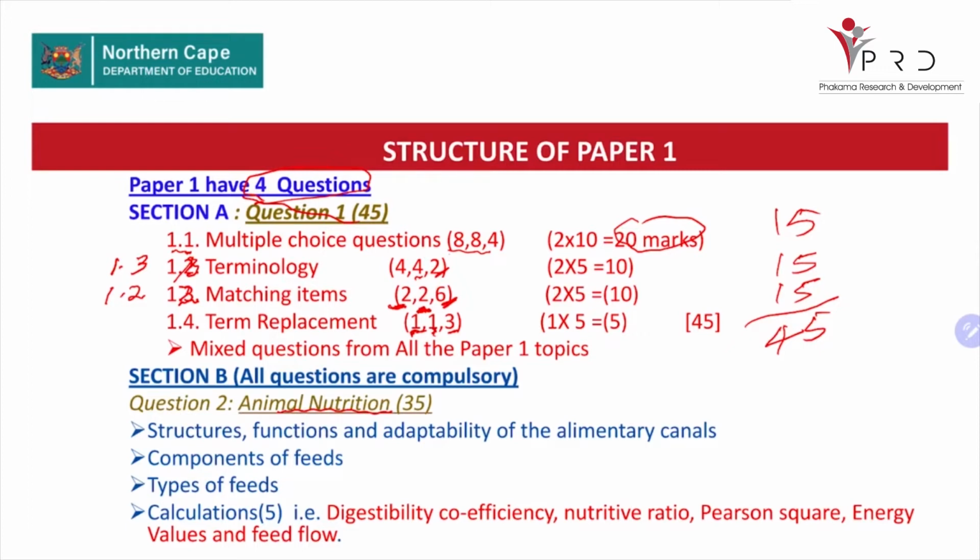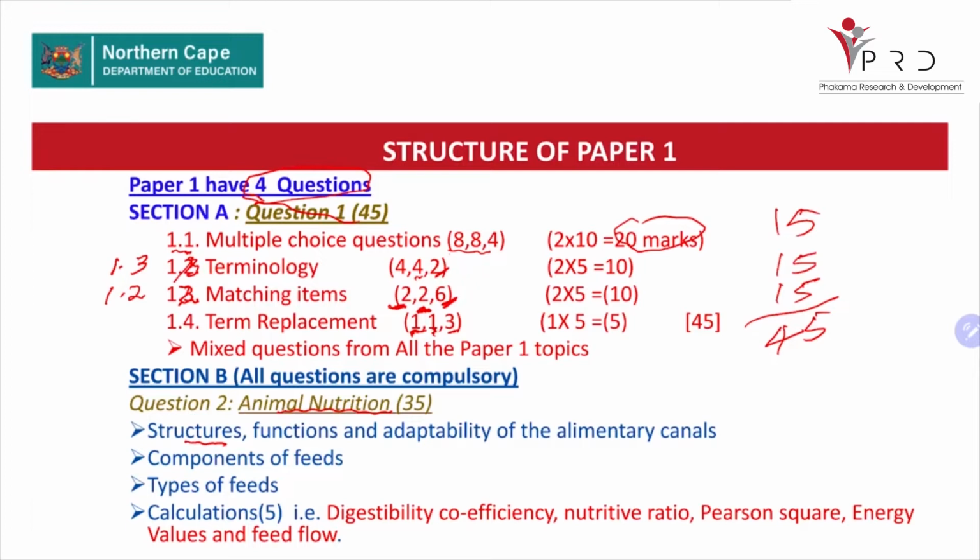Then we have to look at what content you must prepare for your animal nutrition. Remember, nutrition has got to do with feeding. It has got to do with food. So what to prepare? You start with the structures. What structures? The alimentary structures, the digestive system of the 3 farm animals that we deal with in grade 12, which means we deal with cattle, we deal with chicken, which we also refer to as fowl, we also deal with pigs.